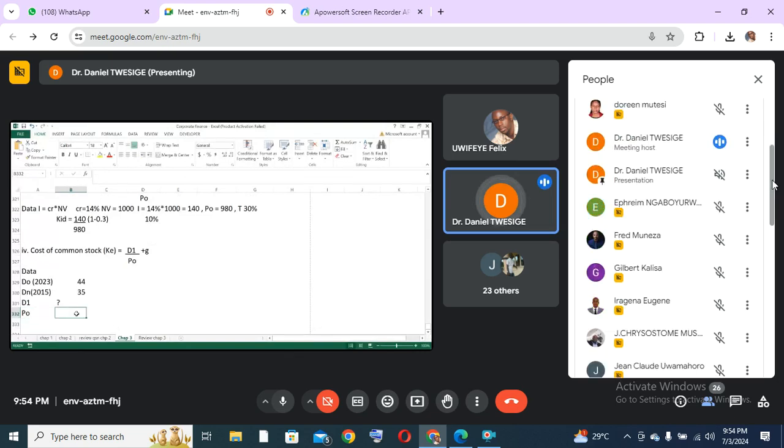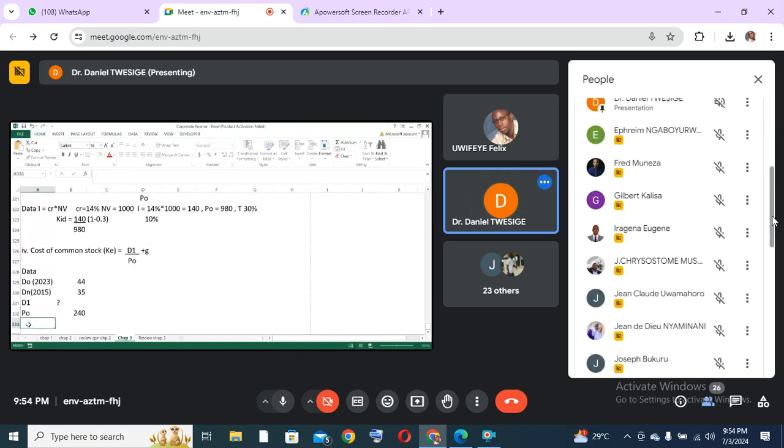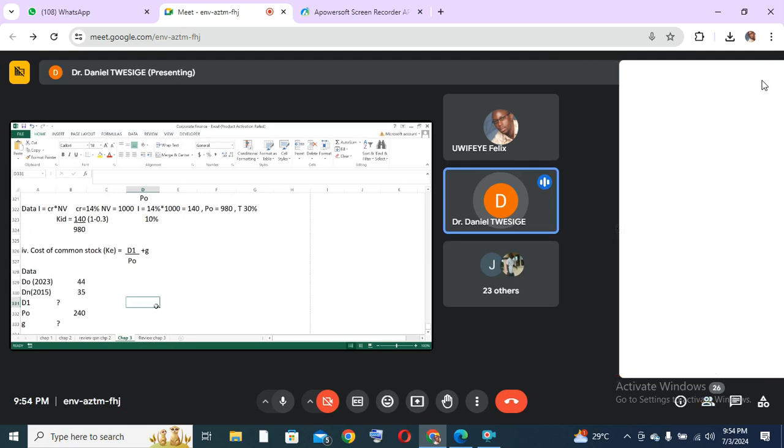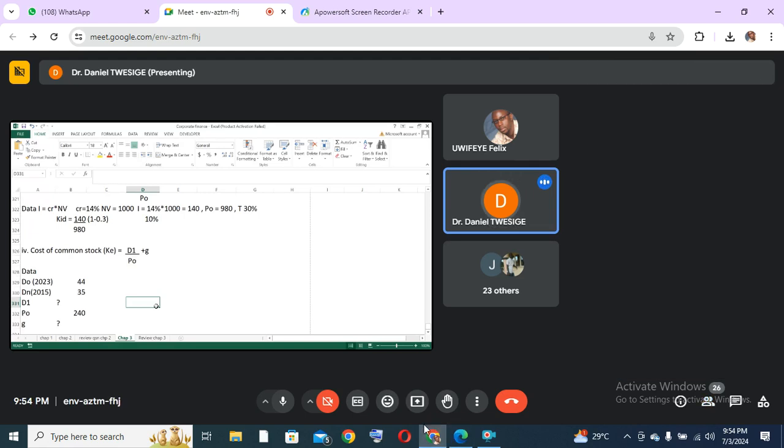Now, what about G? I don't have G. So these are two items that I need to calculate.